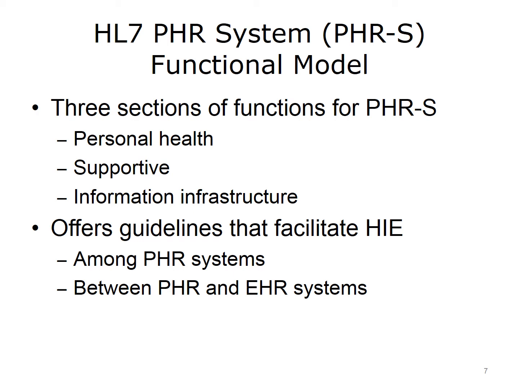The HL7 PHR system functional model contains 3 sections: the personal health functions, supportive functions, and information infrastructure functions. The National Alliance for Health Information Technologies report, Defining Key Health Information Technology Terms, defines health information exchange as the electronic movement of health-related information among organizations according to nationally recognized standards.